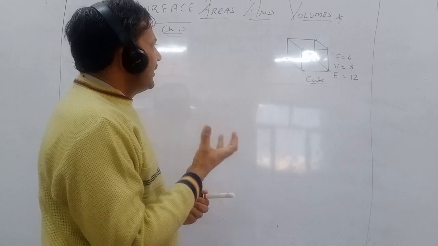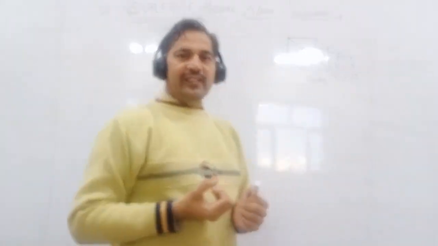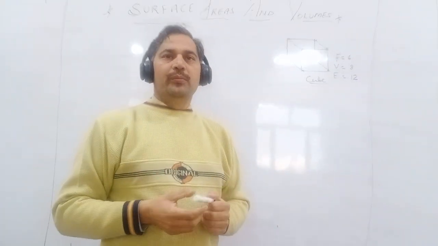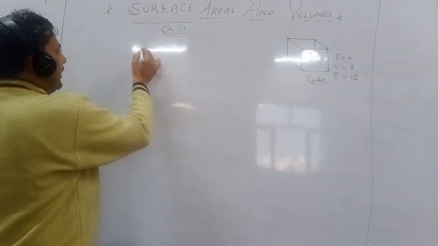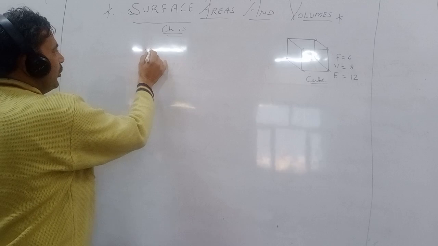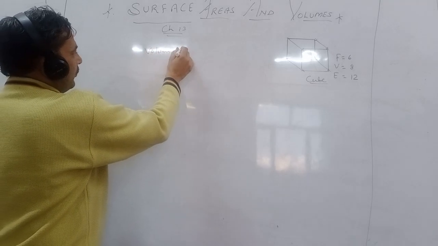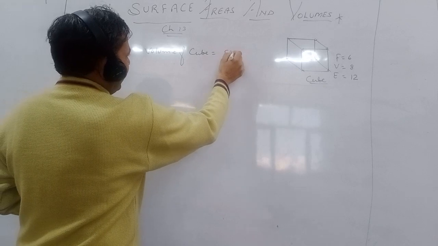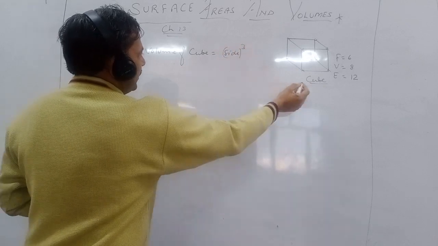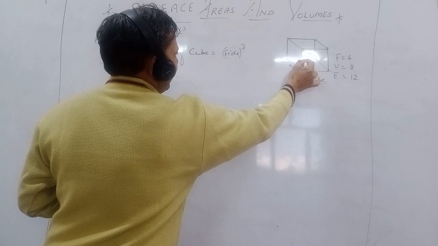Okay, now in this class 9th, we will discuss how to find the volume and surface area of the cube. So first, my dear, the volume of a cube, you can write side cube. Suppose its side is a.